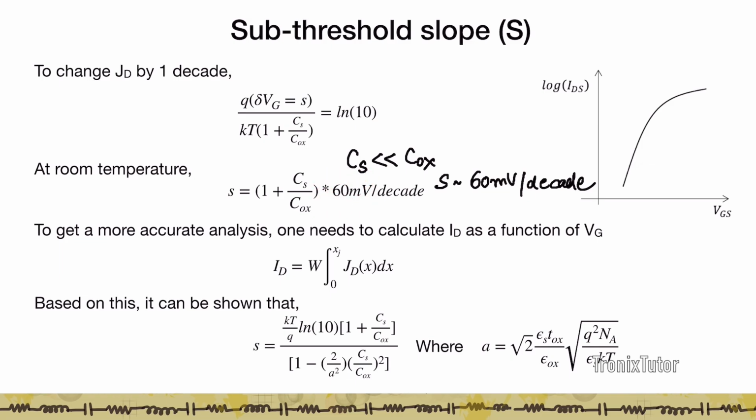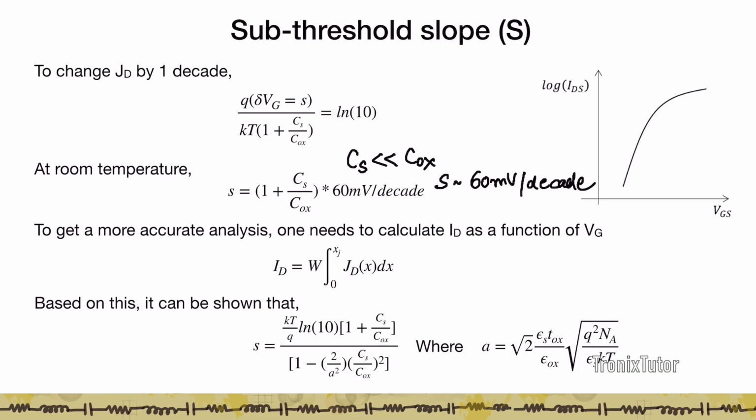Now, obviously, this is a very hand-wavy, simple model, but it gives you an understanding of what process parameters or device parameters can influence the subthreshold slope. You can do a more accurate analysis by looking at the charge distribution and the current density over the entire region of the depletion. Here we just assumed it at the surface.